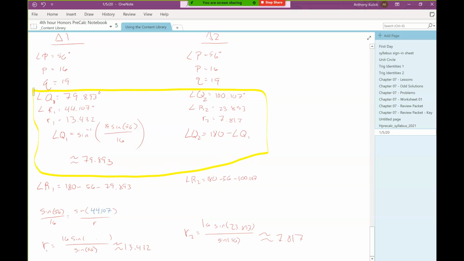So there are my two different sets of measurements for my two different triangles, right?